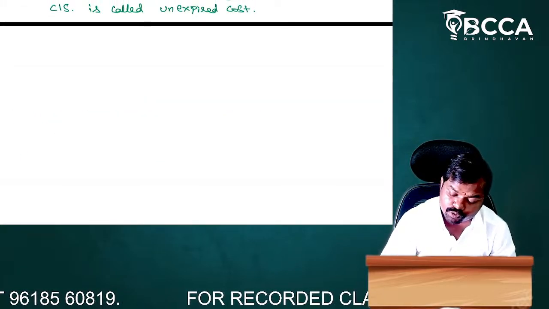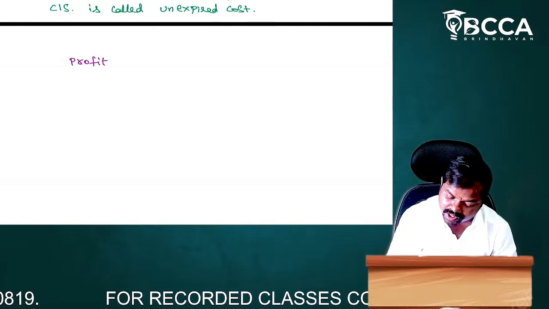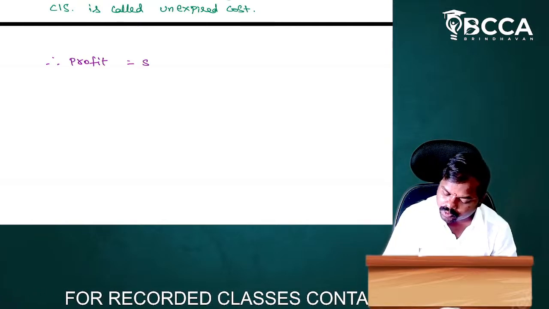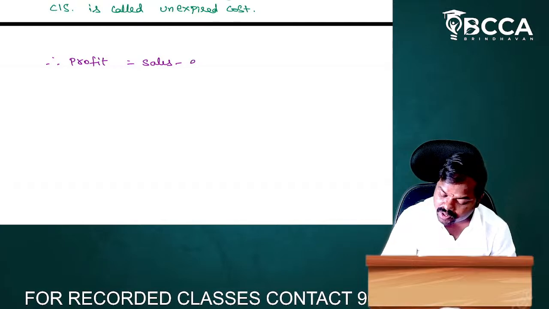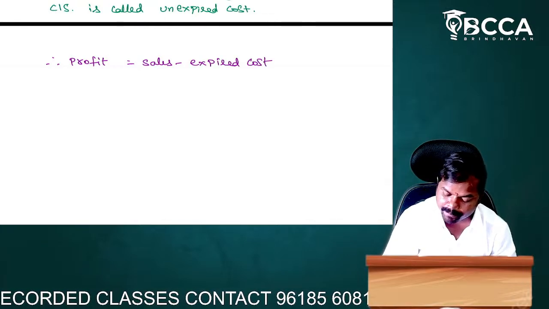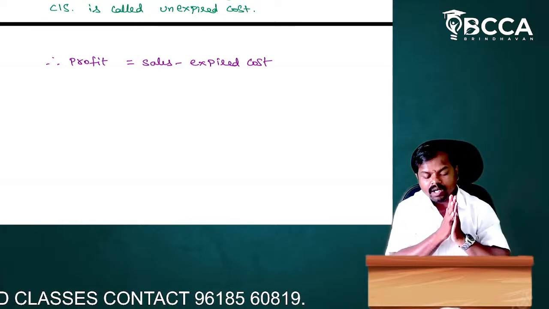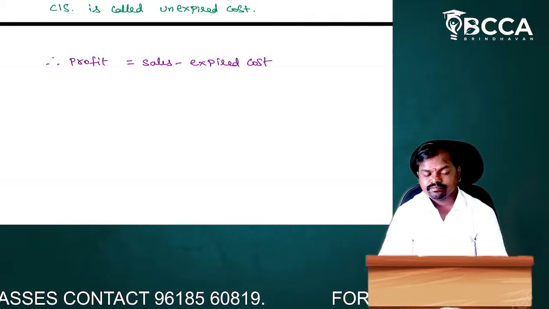Now onwards you should realize what is a profit. Profit calculation is equal to sales minus expired cost only. I hope it is clear now.